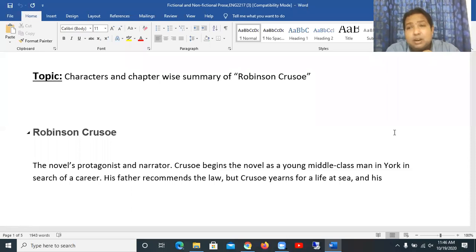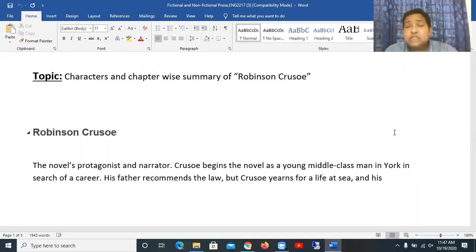Rather, we are a middle class family, and for a middle class existence, it is necessary for us to learn something, to practice something which will give an income for your lifetime, and you don't have to think about your income.